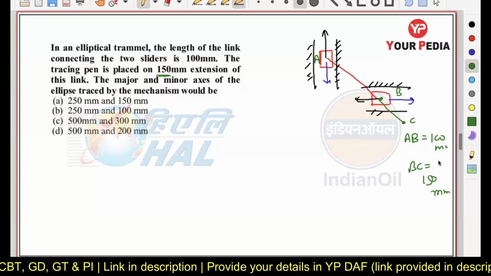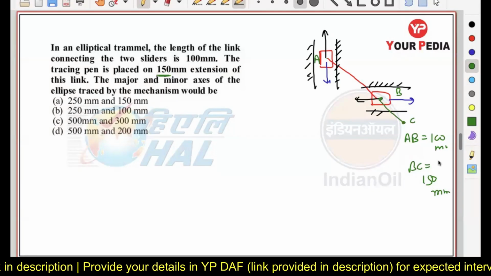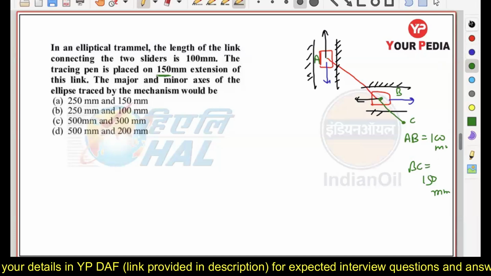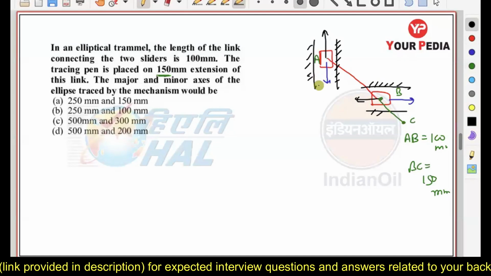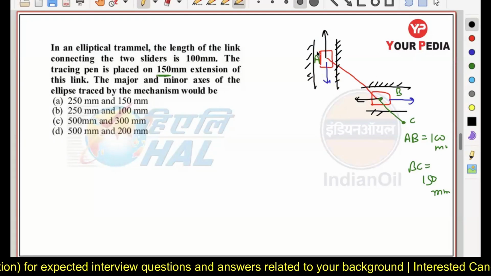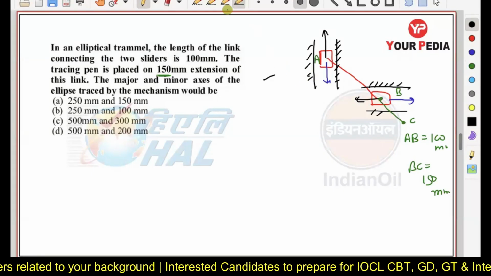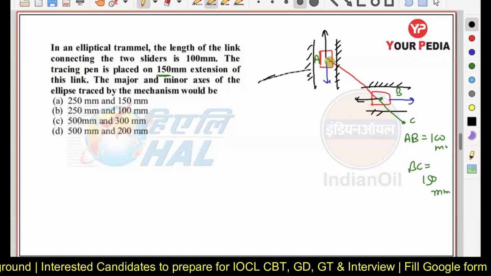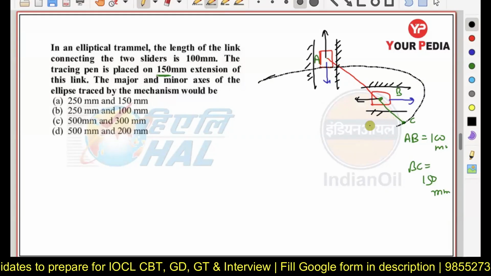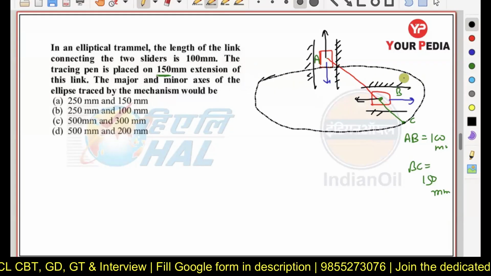Now what you have to do, you have to calculate the value of the major and minor axis of the ellipse. So in this case, what kind of ellipse is it going to produce here? It is going to produce an ellipse like this one. Like this here.